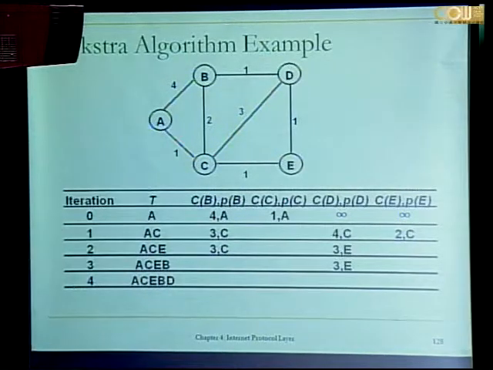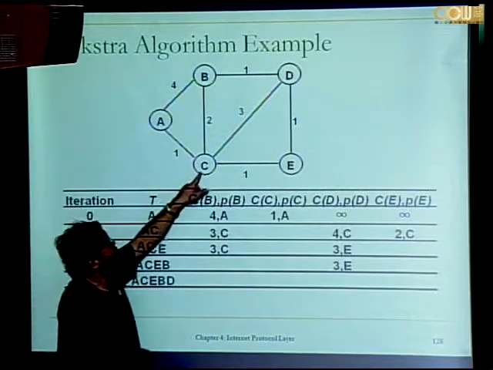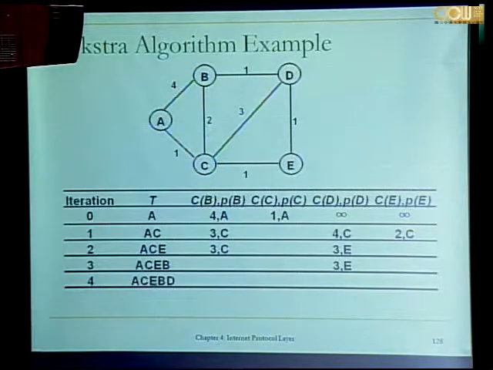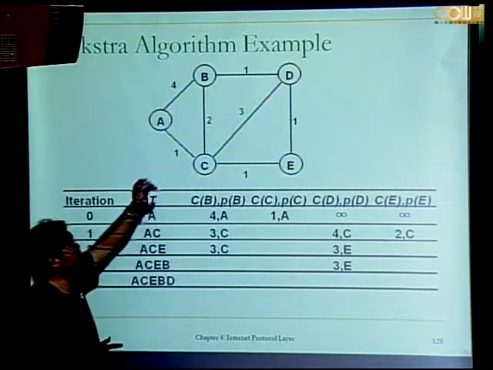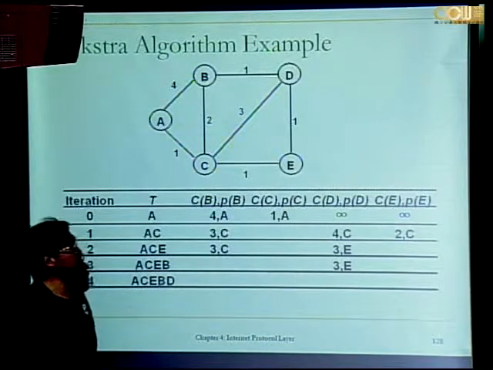Secondly, in the next iteration, from the nodes which are labeled but not yet marked, I have two nodes. I pick the one with the smallest label.